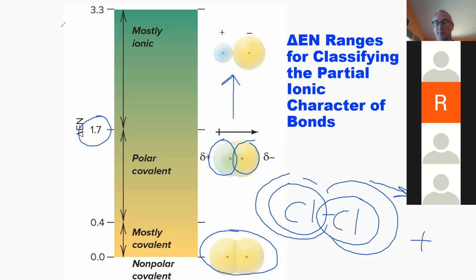Like for instance, if I have a sodium ion, it will pull this electron cloud toward itself because it's positively charged, and it will make a slight dipole. This chlorine will be slightly more negative, and this chlorine will be slightly more positive.